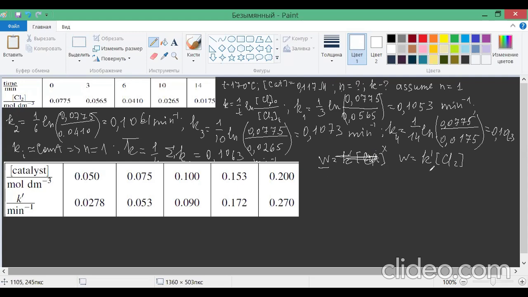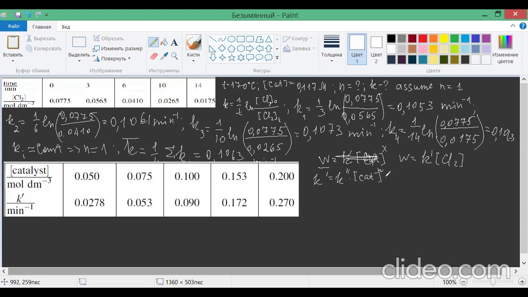The rate is k prime times the concentration of chlorine, where k prime is a simple first order rate constant. In turn, k prime is equal to k double prime times the concentration of catalyst raised to n.